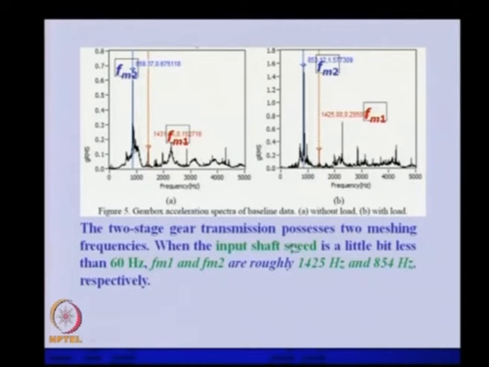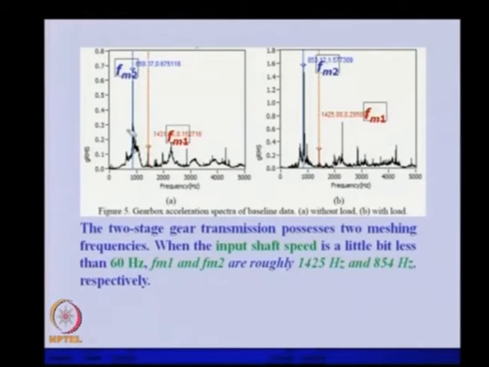When the input shaft speed is a little bit less, that is 60 hertz, the first and the second mesh frequencies are roughly 1425 and 854. You can see that these are matching with the actual experimental data.